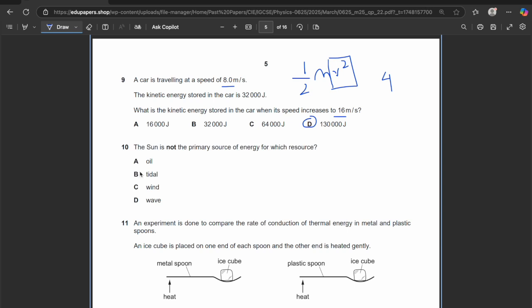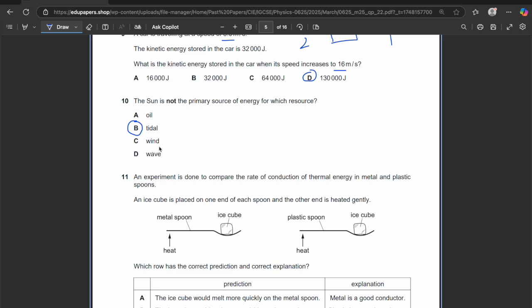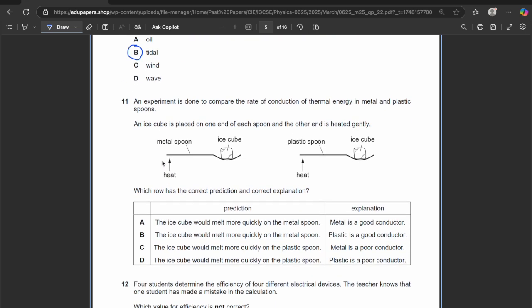And tidal, it is not the direct primary source from the sun. And the wind, because of the sun, its energy creates wind currents, and wave is also caused by that wind, so the sun is the source energy for these two as well.